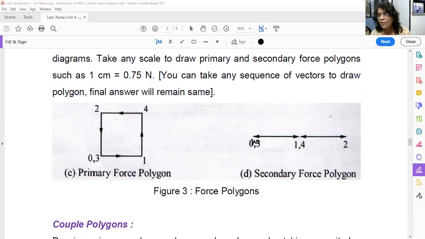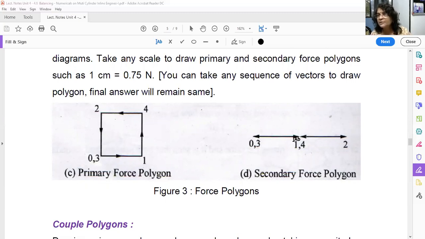From O, I can draw 1 here, then 3, then 4, and then 2. You can draw like this also, but this will not work. The only thing is that you have to come back to the original position. So let us make it very simple.